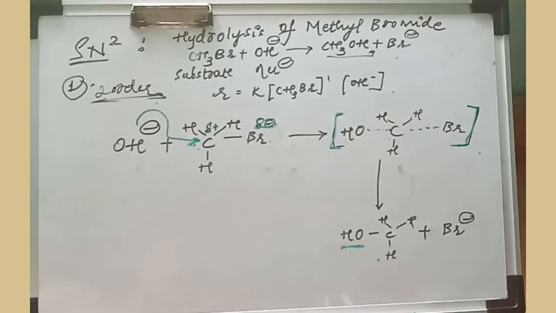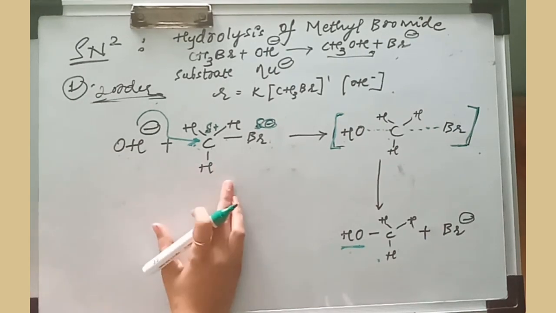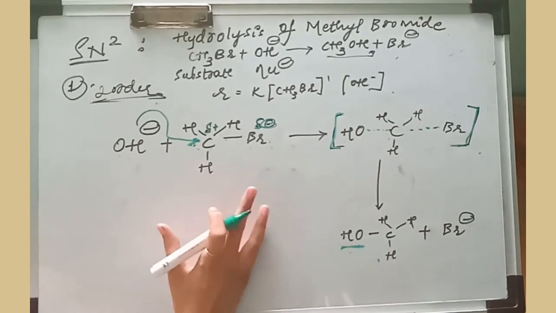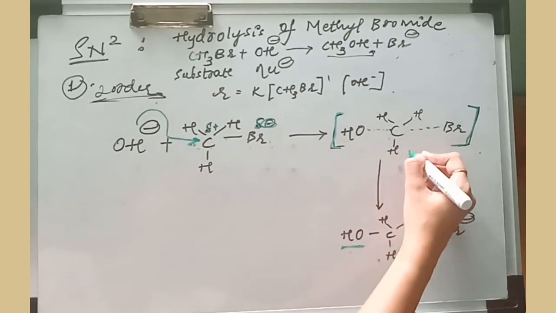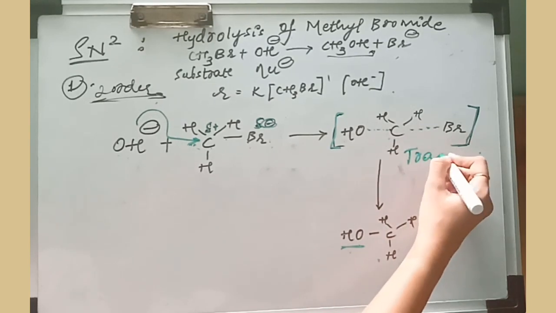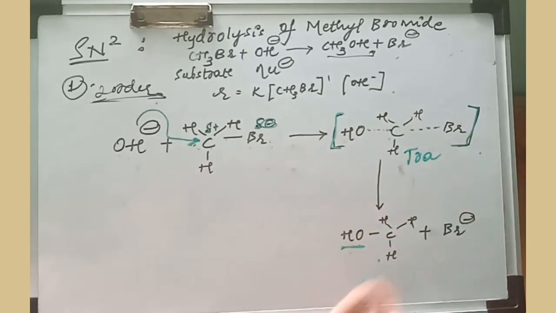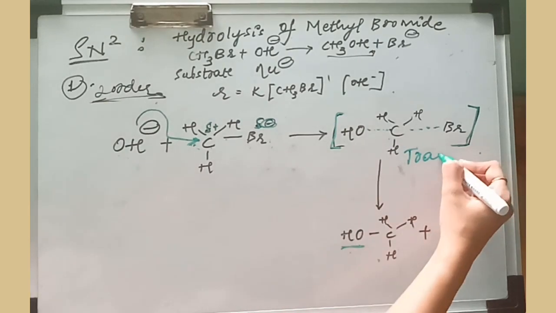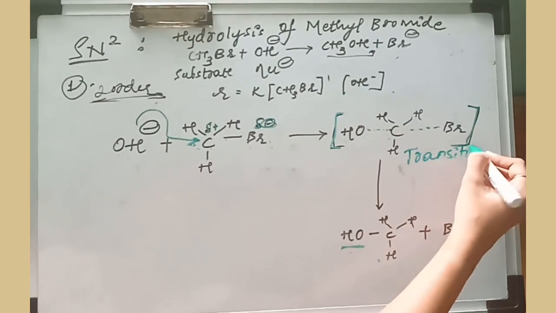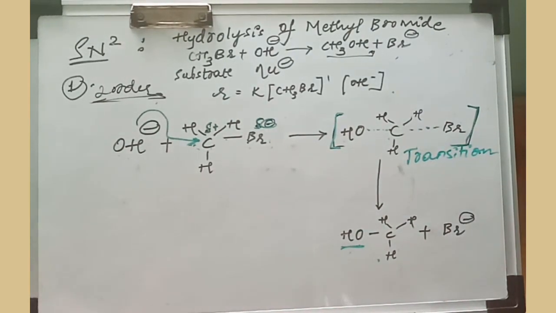What it indicates is that the formation and the breaking of the bond take place simultaneously. There is no intermediate formed, unlike SN1 where the carbocation was the intermediate. Here this is called a transition state. The transition state is that where there is not a complete product, nor the complete reactant.